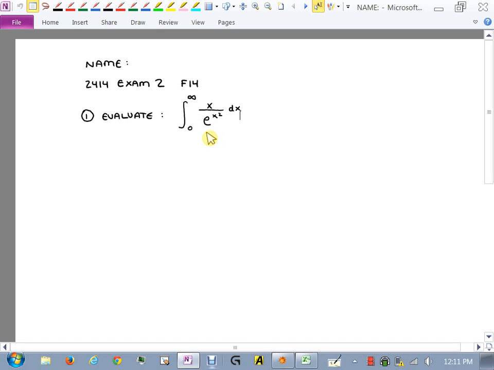How do you integrate that? That's a u sub problem. U is x squared, du is 2x dx. You have that almost. So when you rewrite this after u sub, it becomes e to the negative u because it's down on the bottom. You bring it up. And then you integrate that.